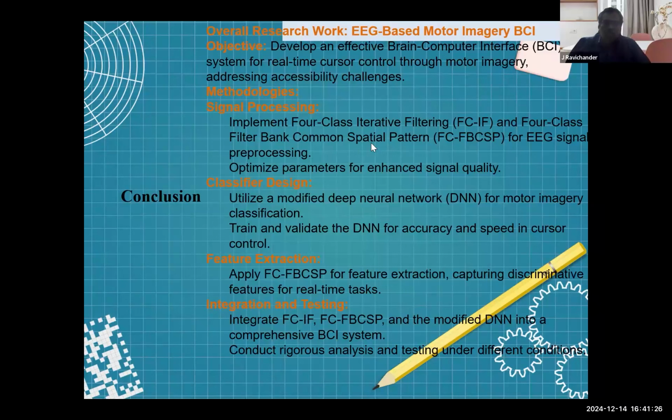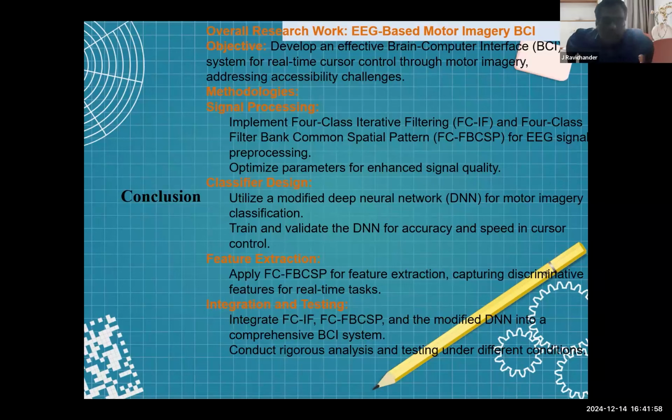So now coming to, we use 4-class iterative filtering and 4-class filter bank common spatial pattern for EEG signal processing. Then the classifier design utilizes a modified DNN network for motor imagery classification, trained and validated for accuracy and speed in cursor control.